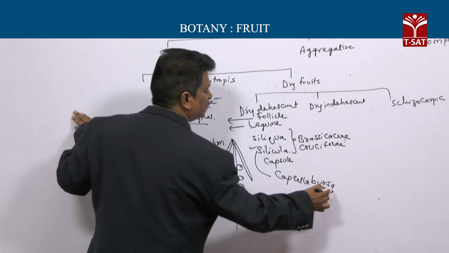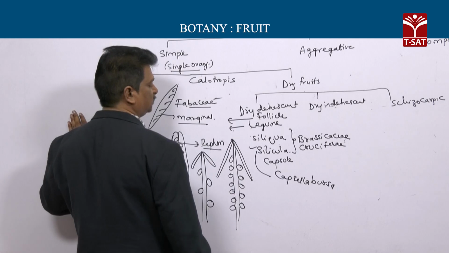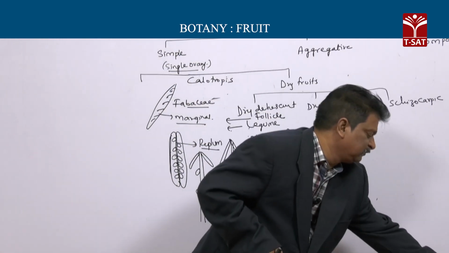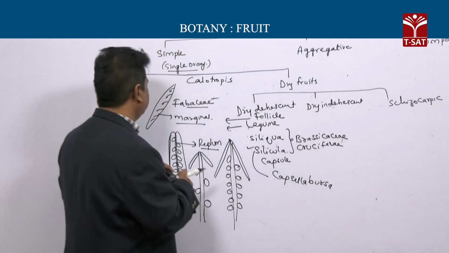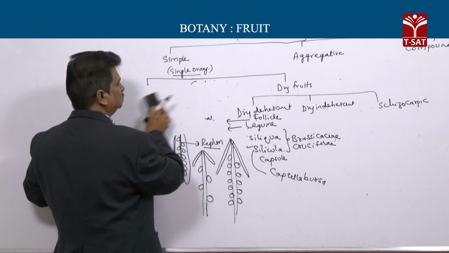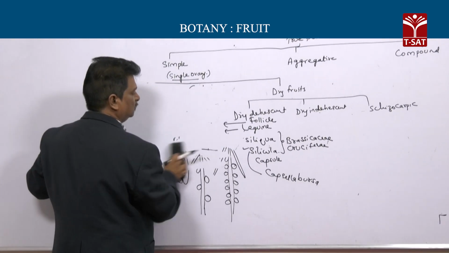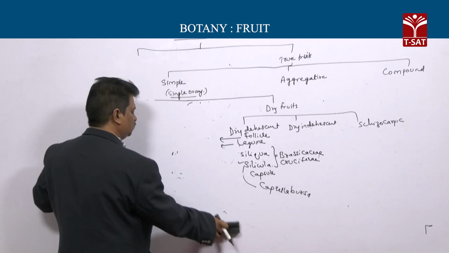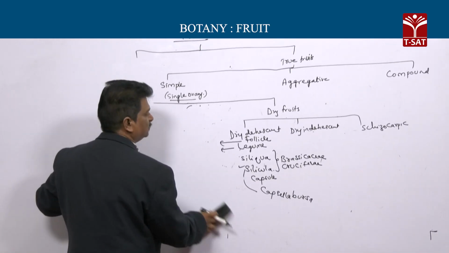Common name is shepherd's purse. And next type of dry dehiscent fruit is a capsule. Here, capsule means it shows almost all characters.